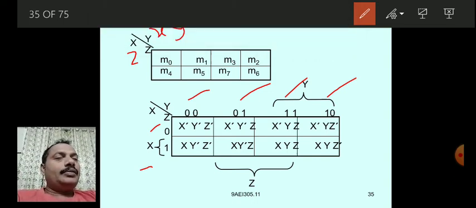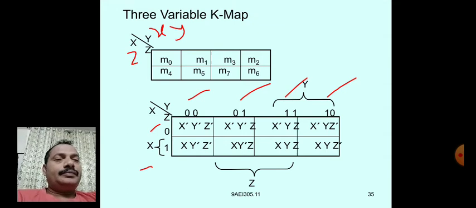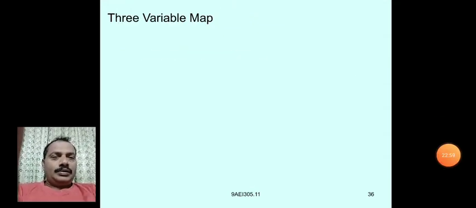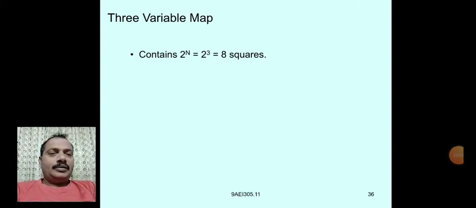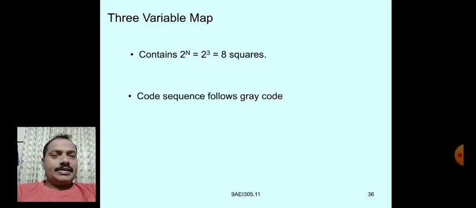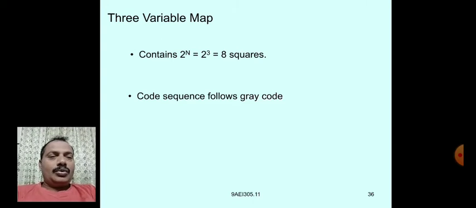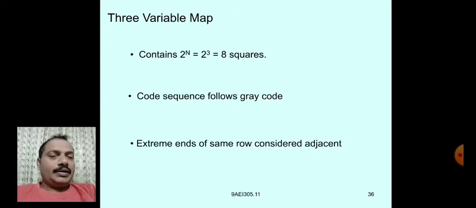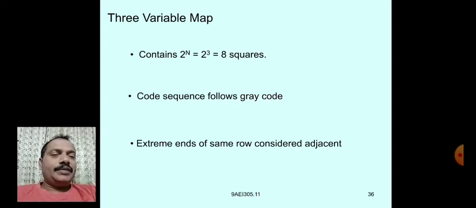How many cells are there in a 3 variable K-map? 2 power 3 means 8 cells. The code sequence always follows the gray code to maintain unit distance between adjacent codes.